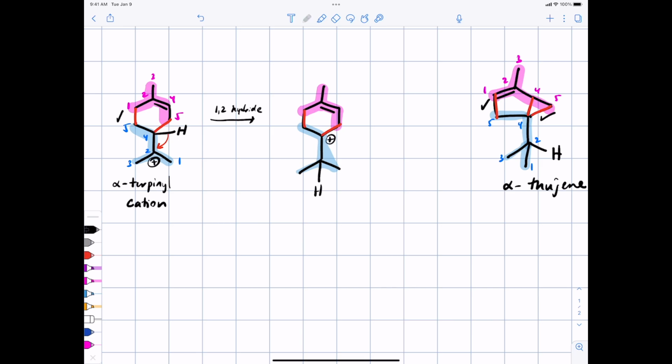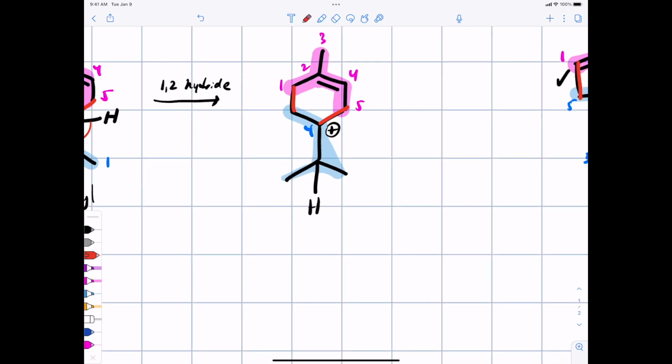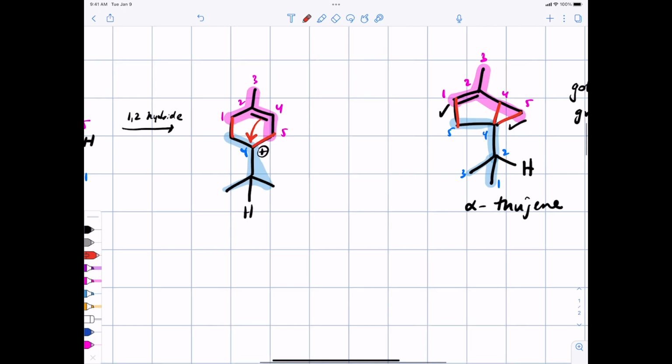Then that puts the positive charge on blue 4. Then we're going to have a simple pi bond attacks carbocation, again governed by Markovnikov regioselectivity.